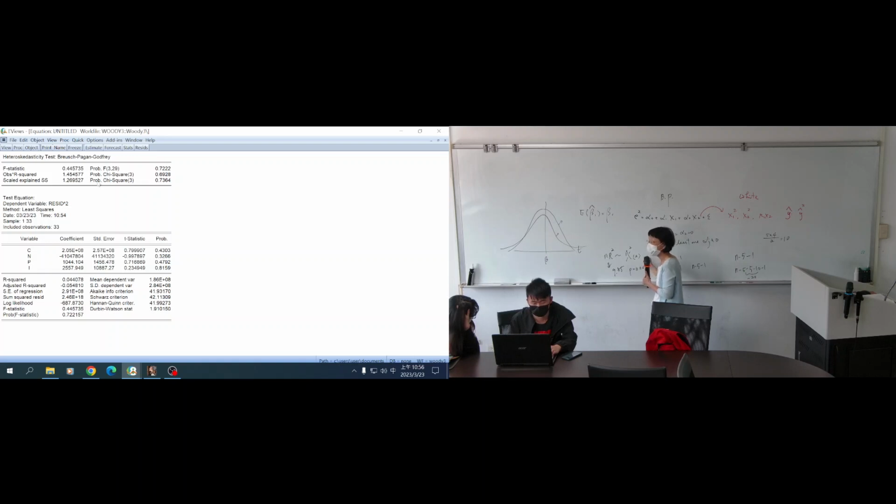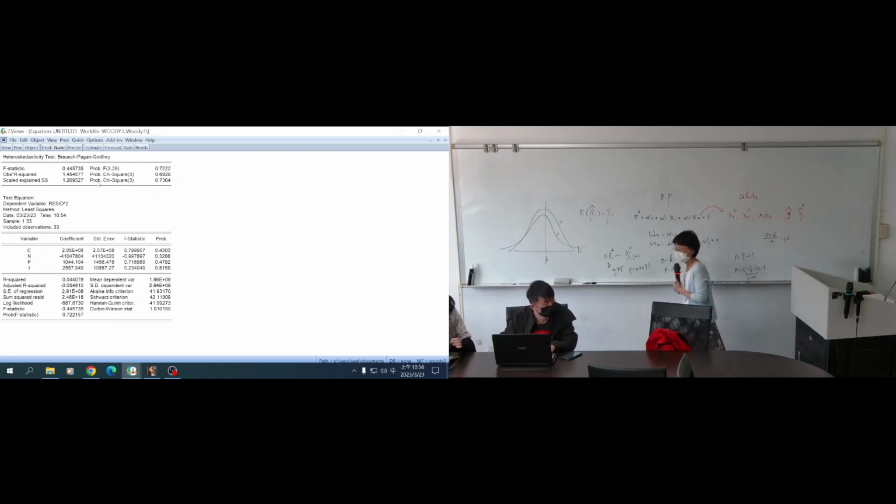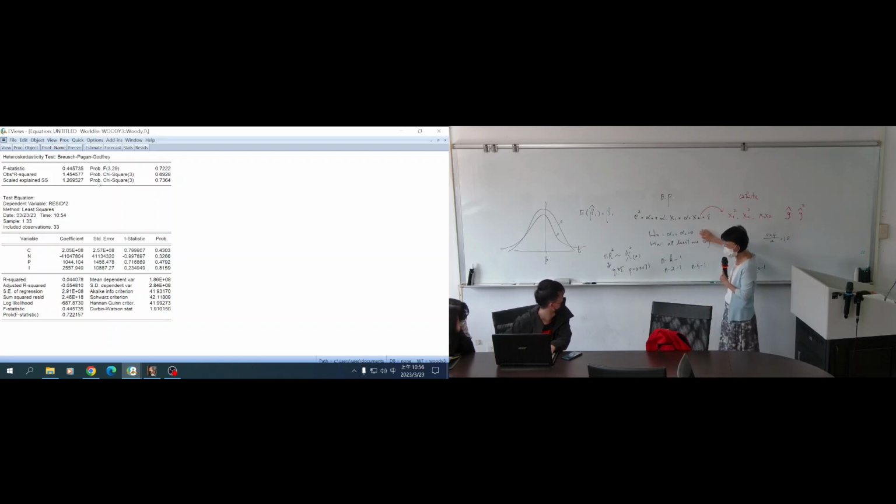We do not have enough evidence to infer it. It means this is homoscedasticity, and this is heteroscedasticity.